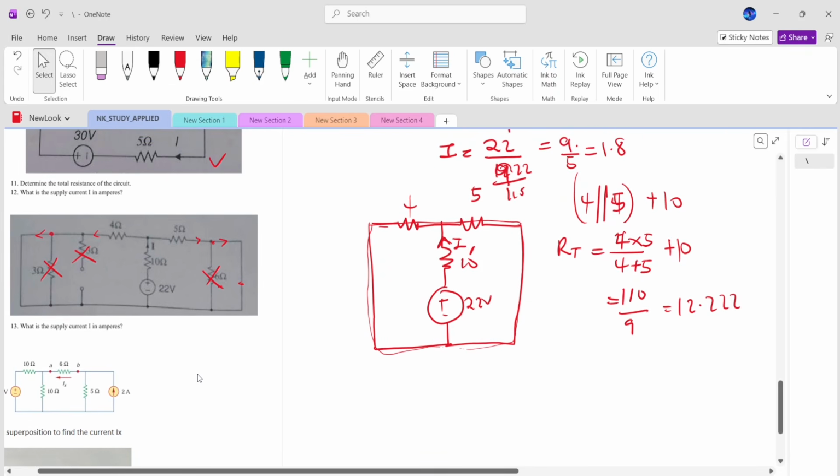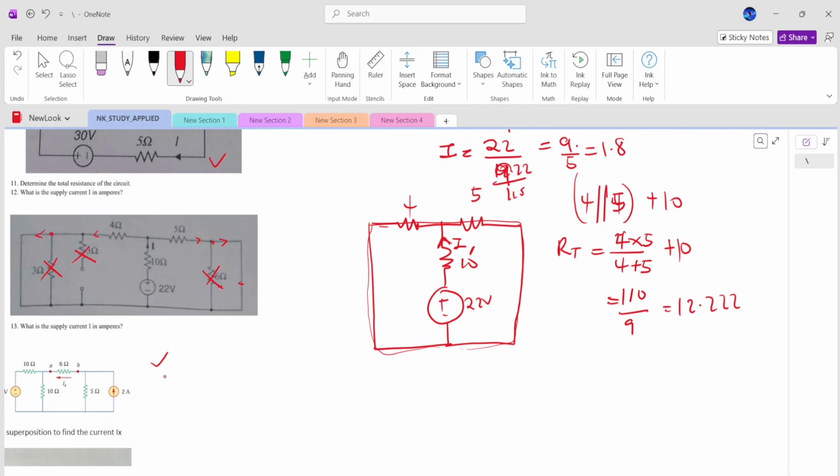Now let's come to another interesting subject in applied electricity. This one says use superposition to find the current Ix. Right. So if I have a circuit and there are many sources, we know that all the sources are in a way contributing some current or voltage to a particular element.